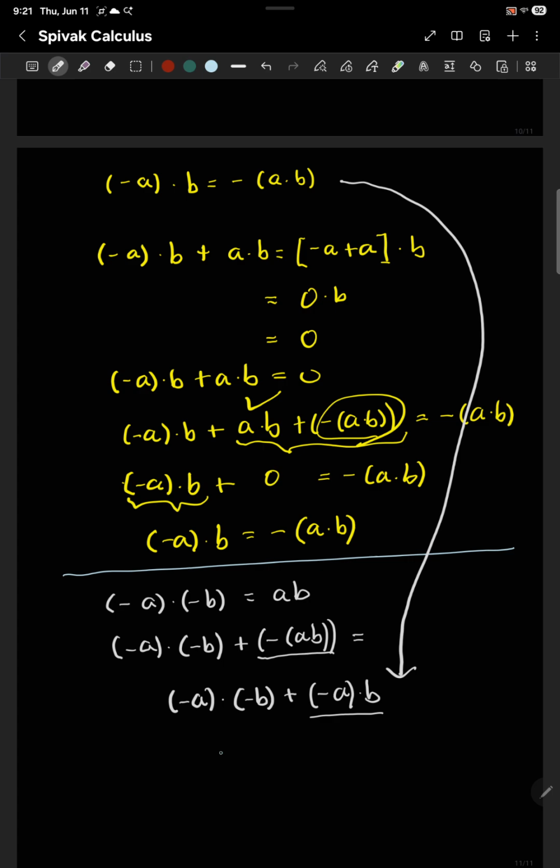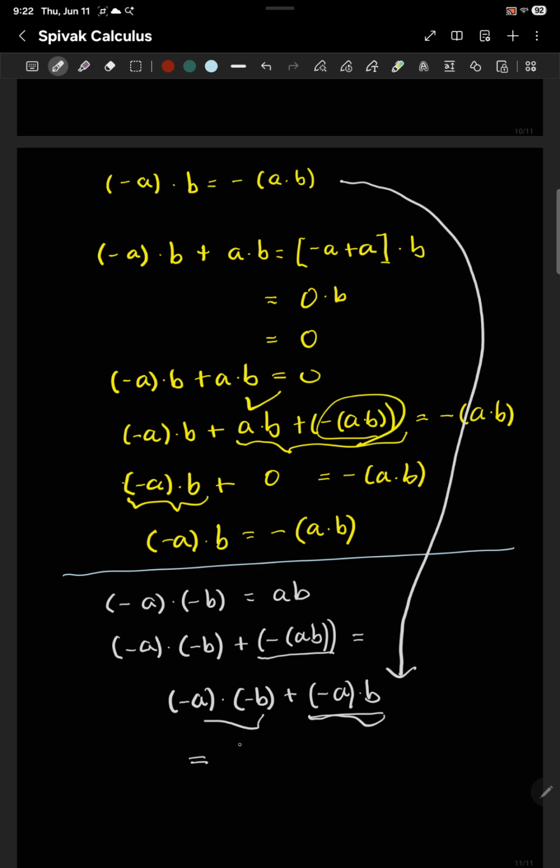So now we can use the distributive property that they have in common, which is a negative a term. Oh no, what am I doing? I did it backwards. So these guys have negative a in common.